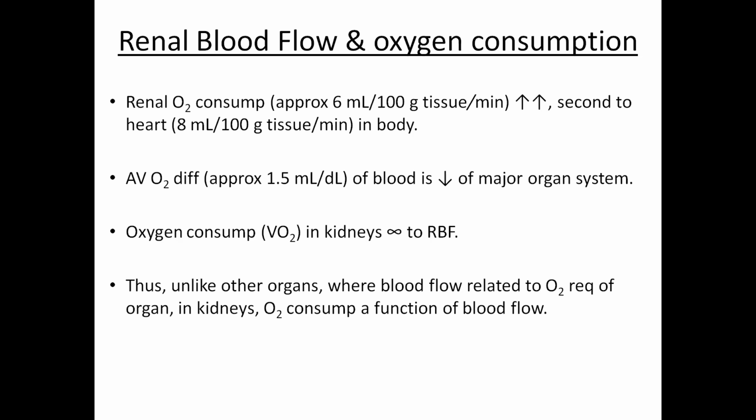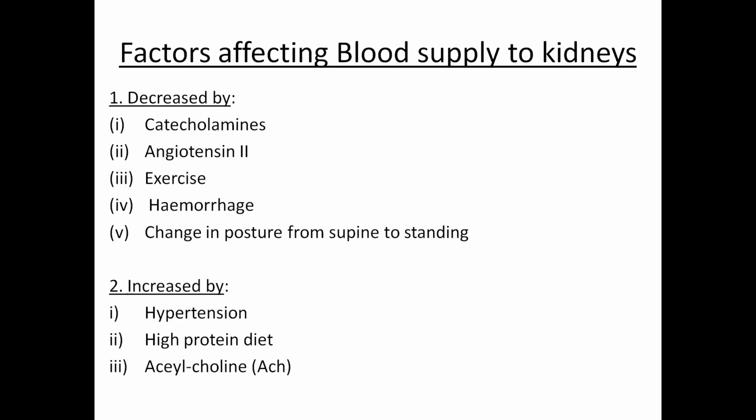The oxygen consumption, or what we also call the VO2 in kidney, is directly proportional to the renal blood flow. So unlike other organs where blood flow is related to oxygen requirements of organs, in kidneys, oxygen consumption is a function of blood flow. Okay, so these are some things which are different about the renal blood flow.